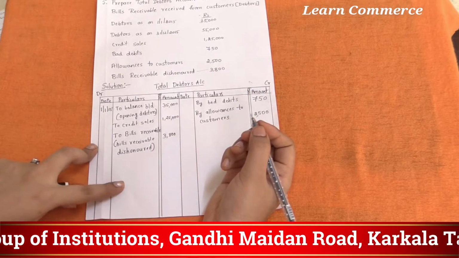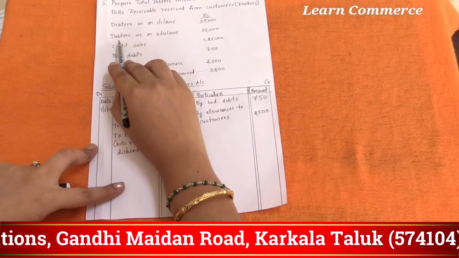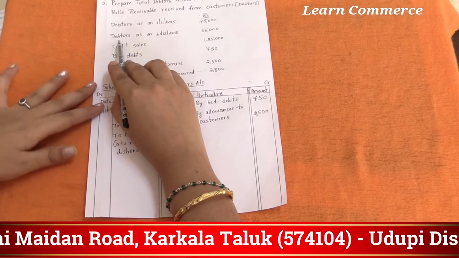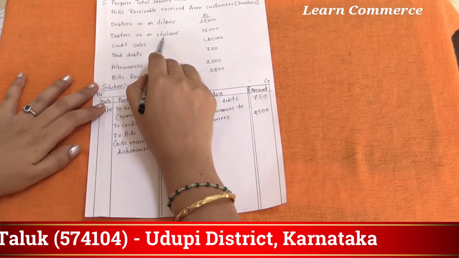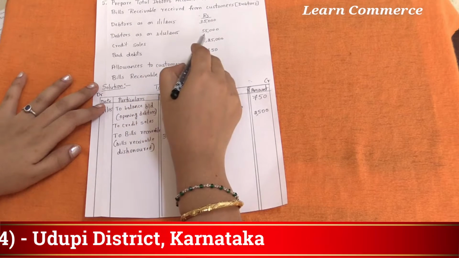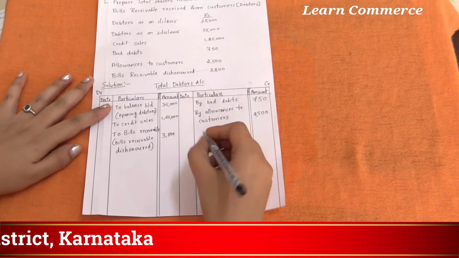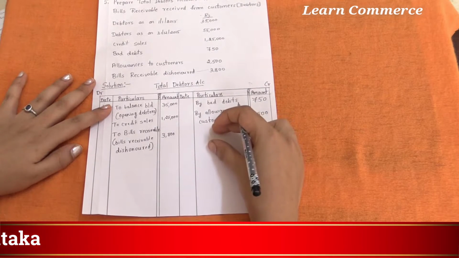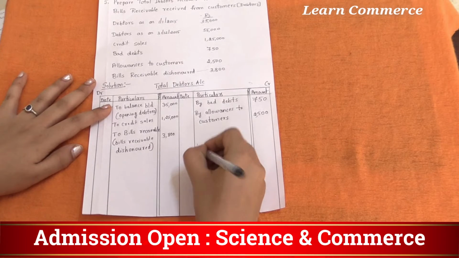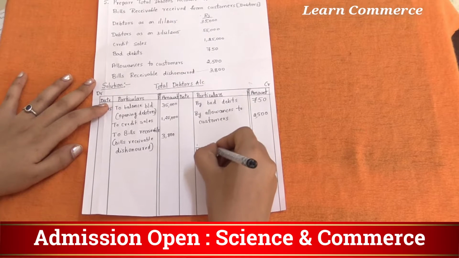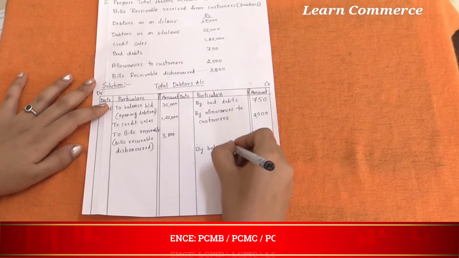Okay. Then here we have to write the closing balance of debtors, that is debtors as on 31st December 2015, 55,000. We have to write it at the end, leave some space here and write by balance carried down.